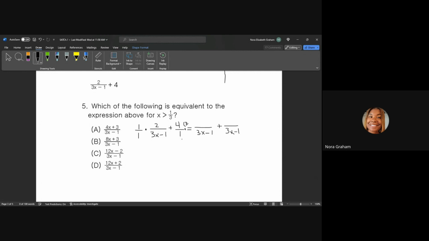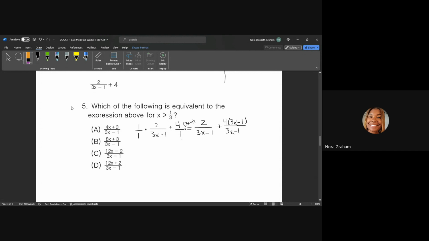I'm going to run out of room. Sorry, so I might erase that. So for this one, it would be 4 times 3x minus 1. And then for this one, it's just 1 times 2, because what I do to the top, I have to do to the bottom. So I put times 2.